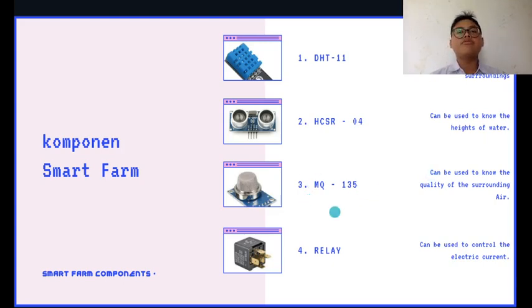MQ135 is very useful to collect information about the quality of the surrounding air. In my latest project, it can detect whether there is gas in the air or whether it's not healthy, etc. And then the fourth component is called relay. Relay is very useful to control the electric current. So it will know if the electric current is coming in or going out.